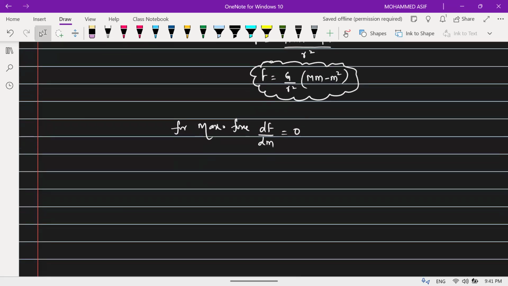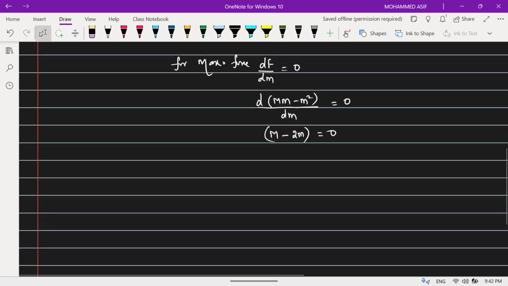Now if I differentiate, G by r square is a constant, so I remove that. Now the differentiation of capital M into small m minus m square divided by dm must be equal to 0. Capital M is a constant, so you take it out: capital M minus the differentiation of m square, which is 2m, must be equal to 0.